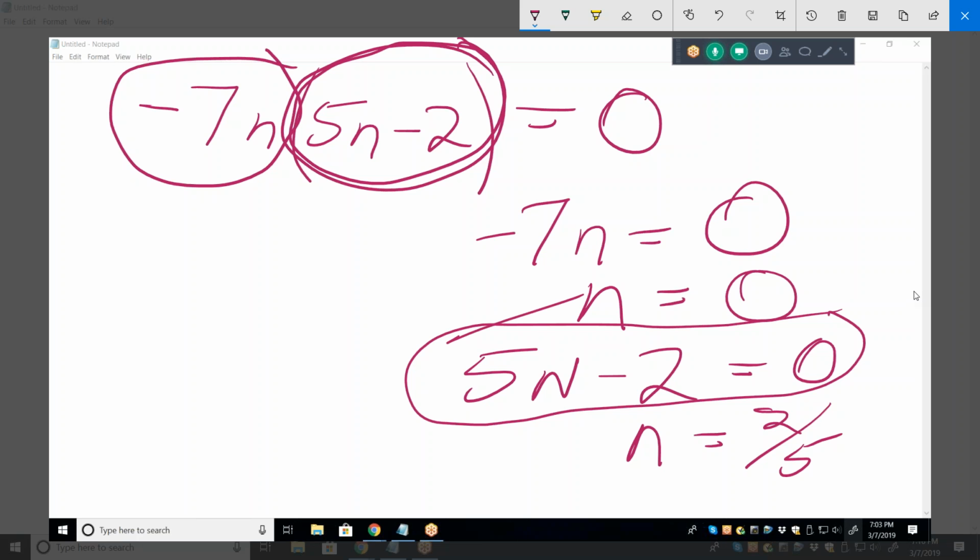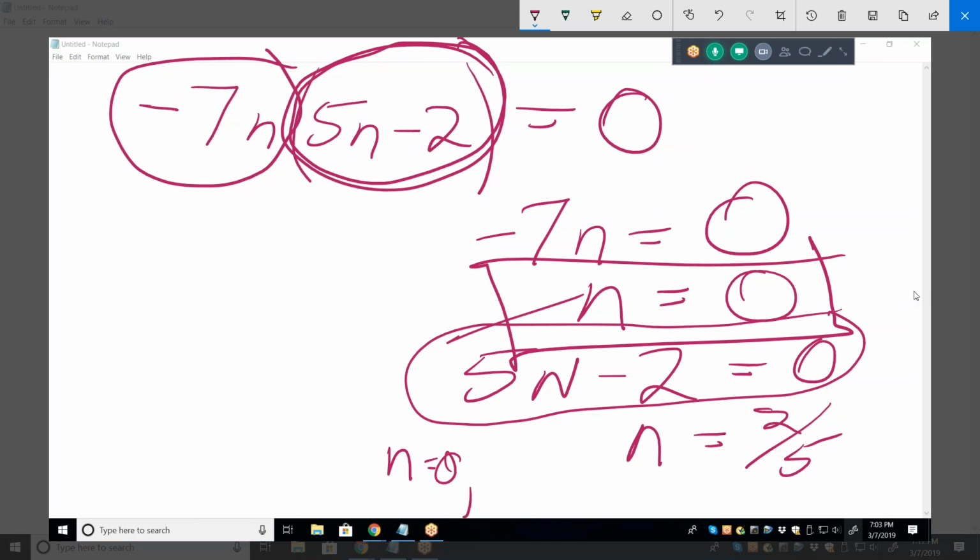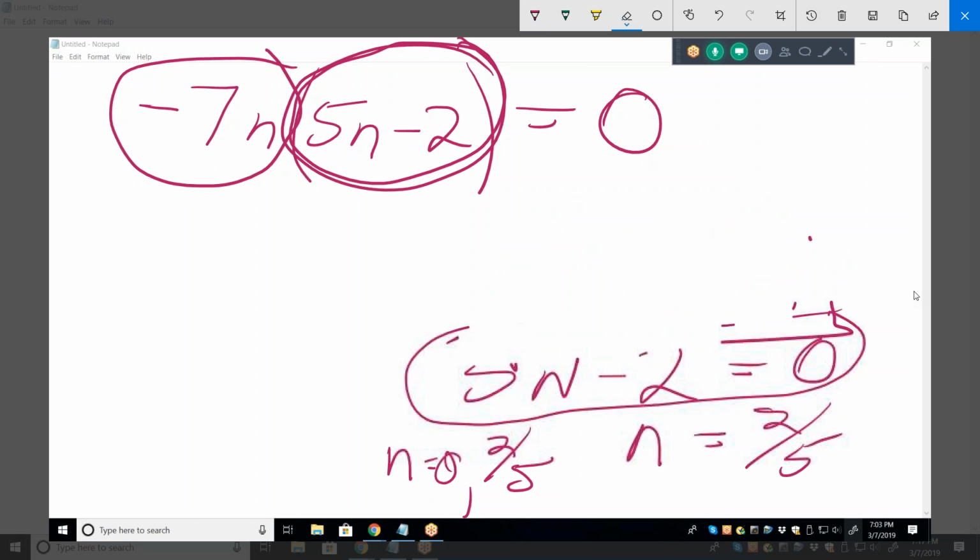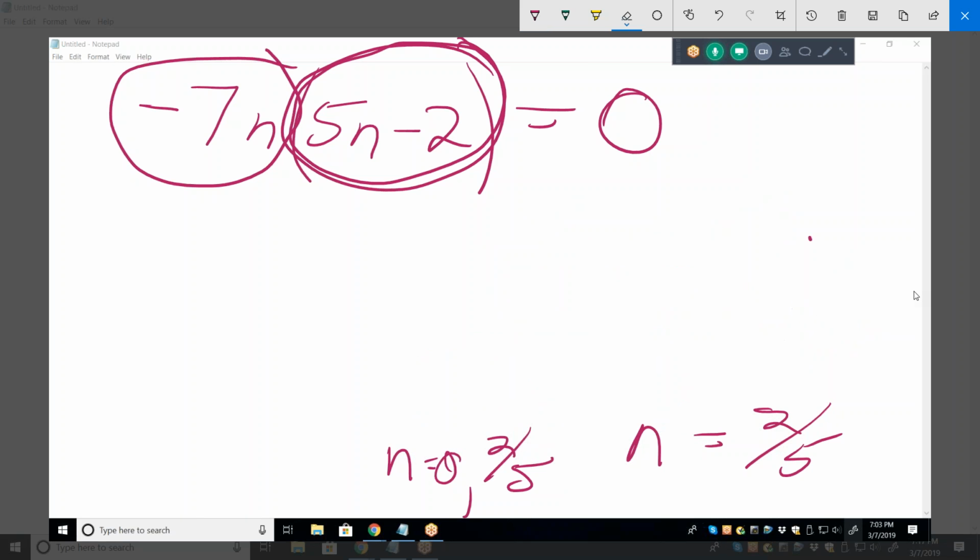Now, what are our 2 solutions? There's one of them, 0. What's the second one? 2/5. Now, what you have to do is plug in each solution and make sure that each solution produces an equation that's still an equation.